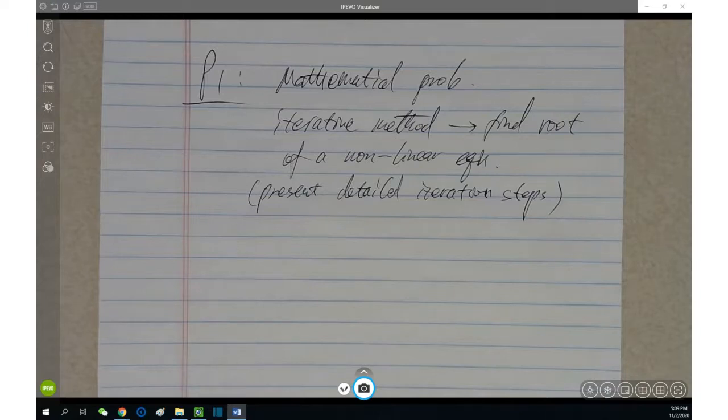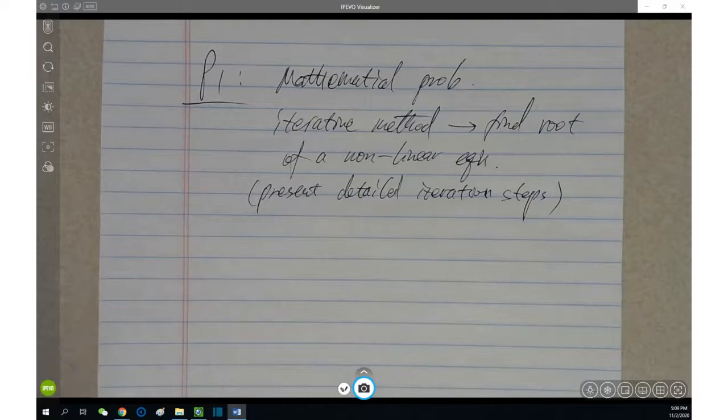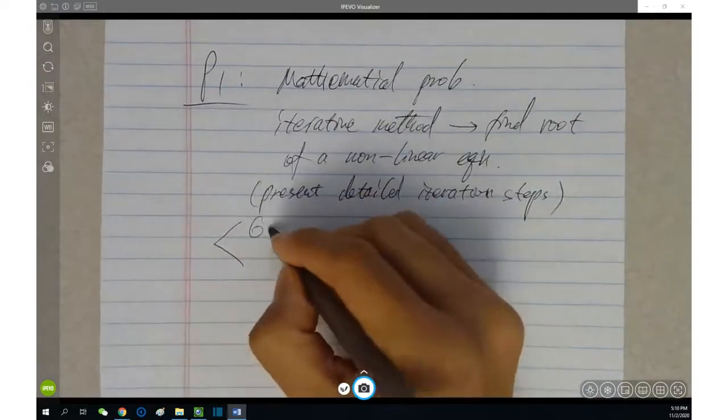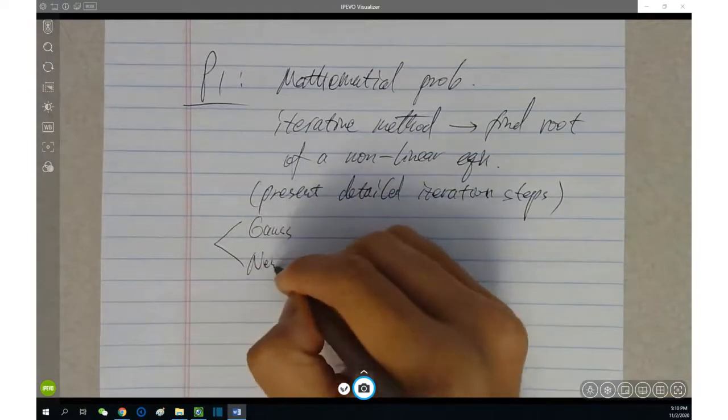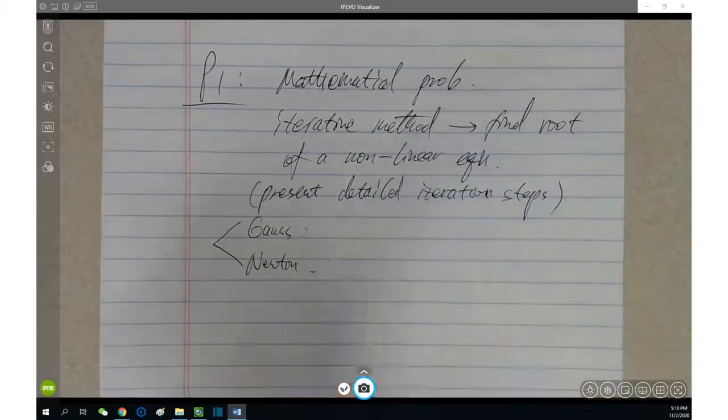And continuing our review here. So given the equation, in this problem I'm going to give you a nonlinear equation and specify a particular iterative method, because we learned two, right? One is Gauss, the other is Newton. I'm going to pick one of these two, okay? You need to be careful to follow that particular method.